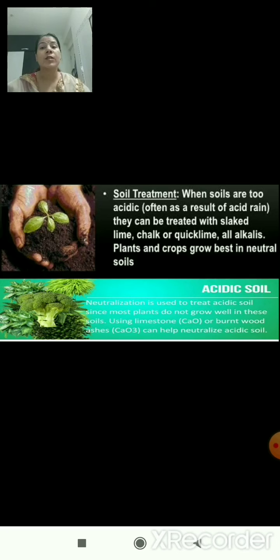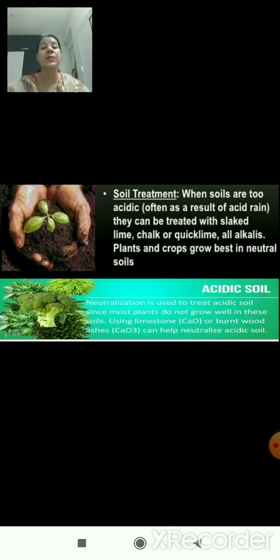So when the soil becomes very acidic because of excessive use of acidic fertilizers and chemicals in that soil, that time we treat that acidic soil with a base, that is quicklime, calcium oxide, or slaked lime, which is calcium hydroxide. And when we add these quicklime and slaked lime, which are bases, it neutralizes the acidic effect of the soil, and as a result of this, the soil becomes neutral in nature.